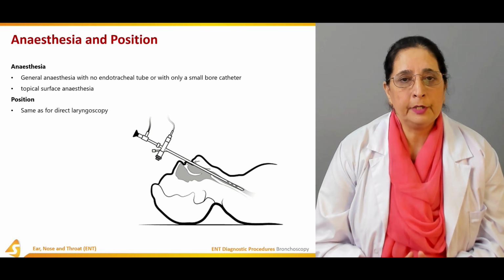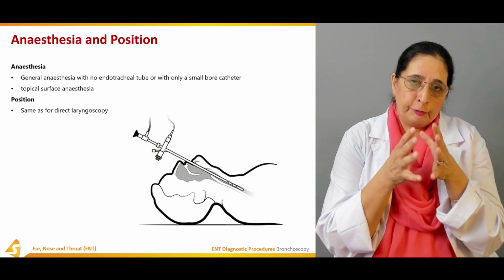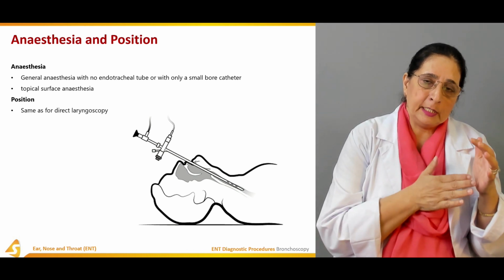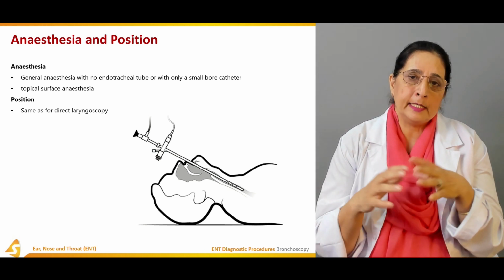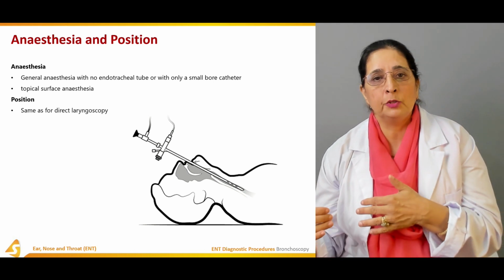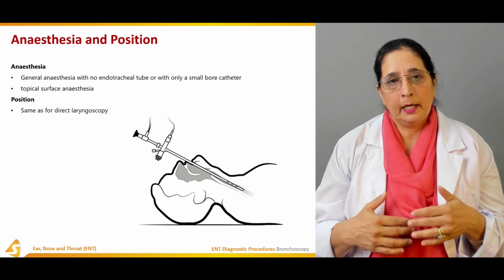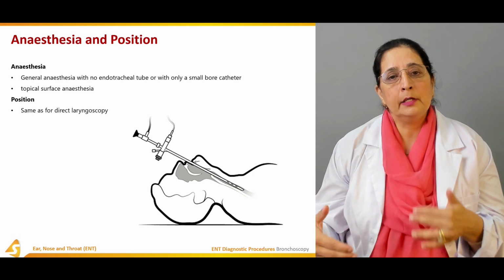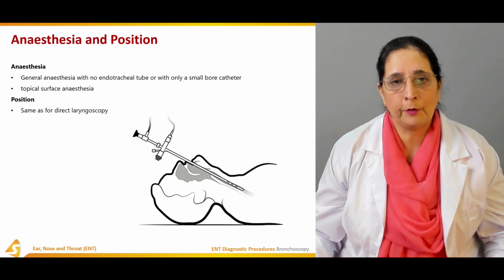We have therapeutic indications, and diagnostic indications. We have the trachea, which is the windpipe. The trachea divides into right and left bronchi; the right goes into the right lung, the left goes into the left lung, and they further branch into secondary bronchi, and then the secondary bronchi further divide into tertiary or terminal bronchioles.